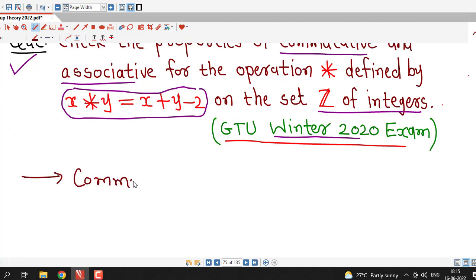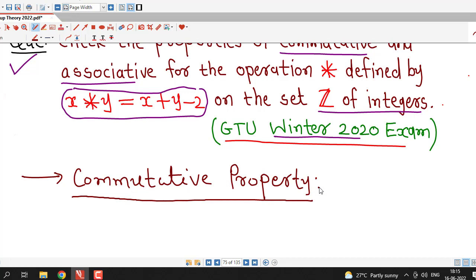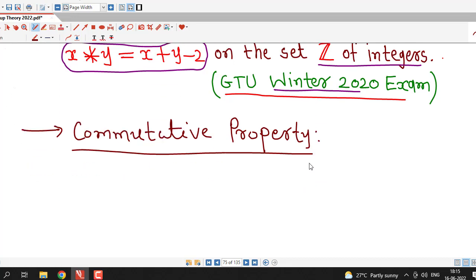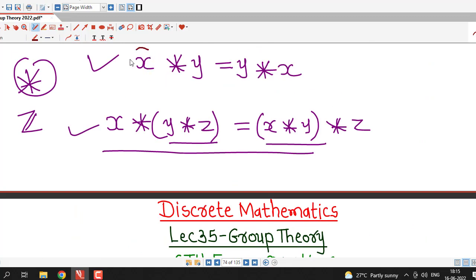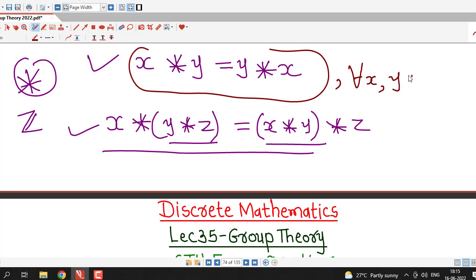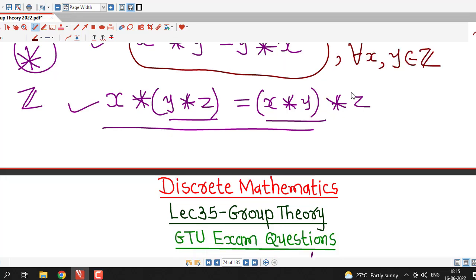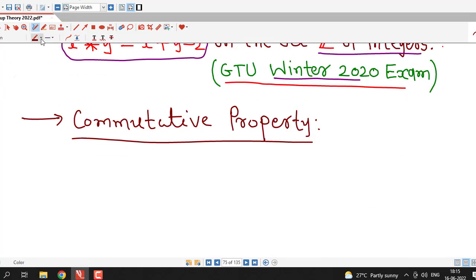So here we write that first we are checking for commutative property. We start by writing in this way: commutative property. Given set is the set of integers. So for commutative property I have to check whether x star y equal to y star x or not for any two integers x and y. So I start by taking two integers x and y in the set of integers.